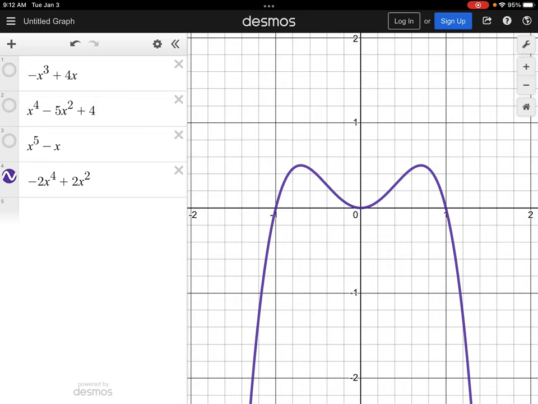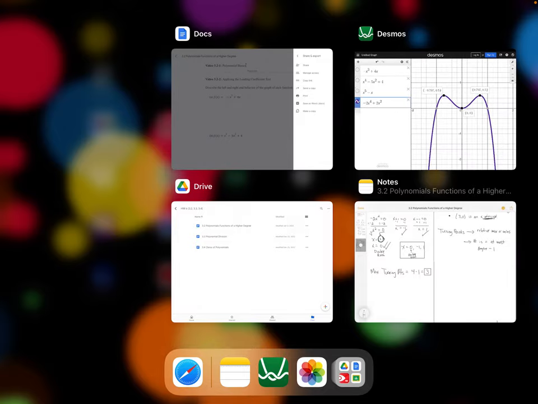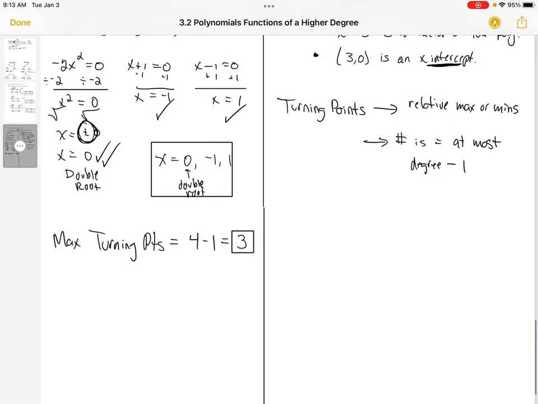So we have a turning point at negative 0.707, 0.5. That's decreasing, and then it starts to increase at the origin. That's our second turning point. And then it's increasing, and then turns and starts to decrease at 0.707, 0.5. So we have on our graph 3 turning points.